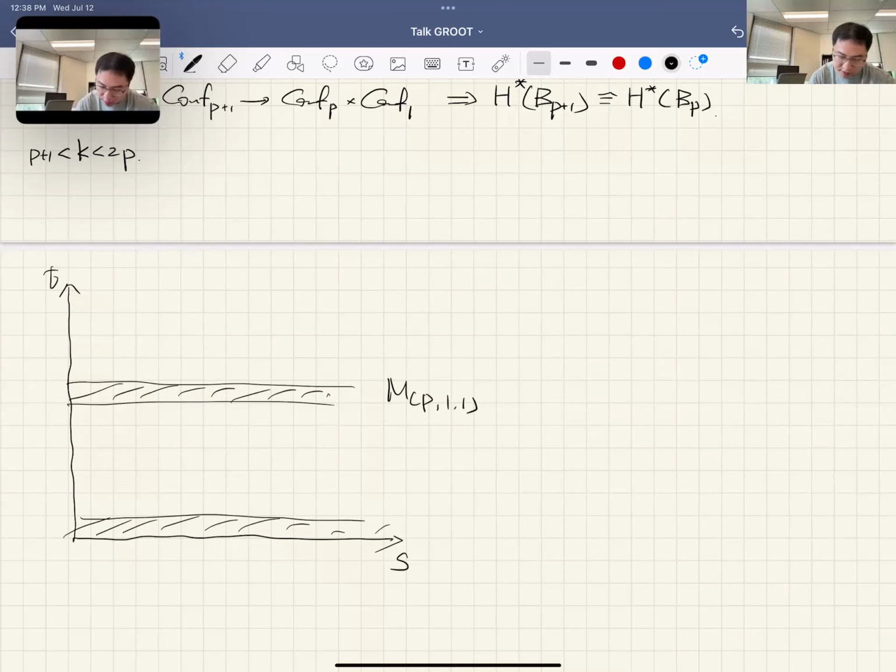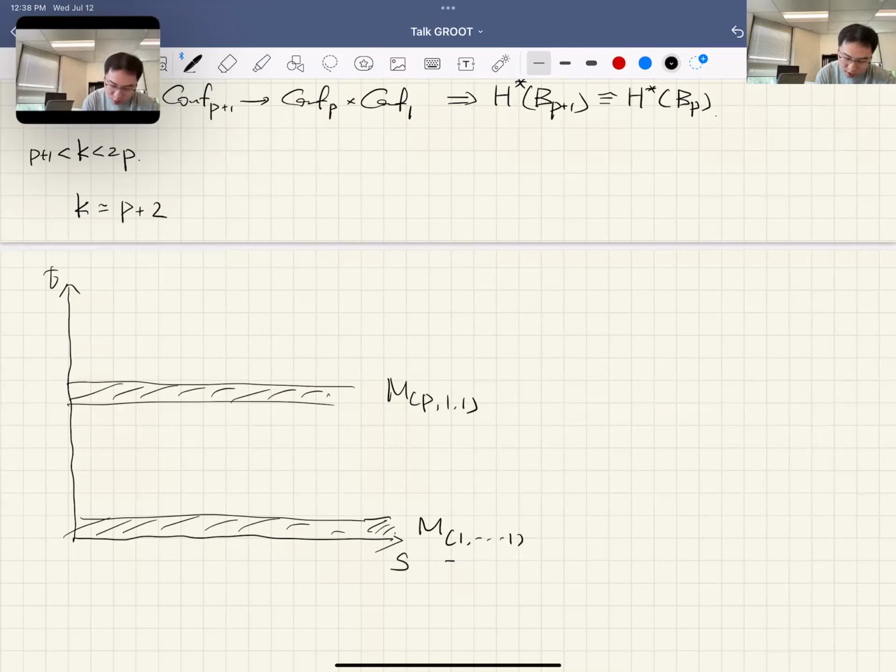Here I'm picking k equals p plus 2. This bottom row corresponds to m sub 1, 1, 1, 1, where the summation of those 1s is equal to p plus 2 when n is odd.